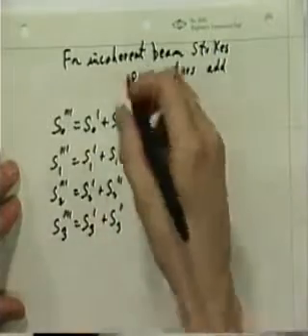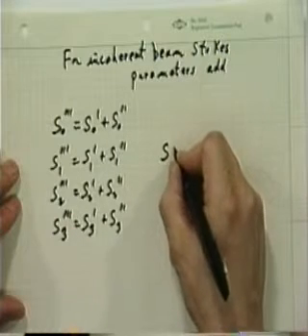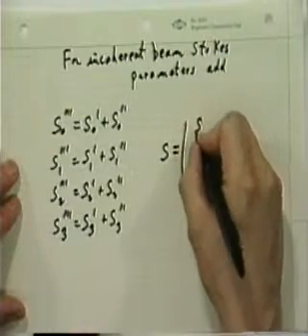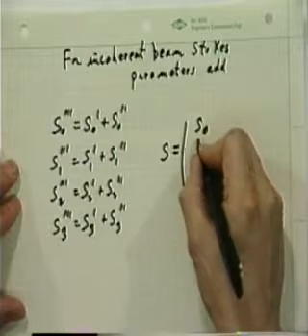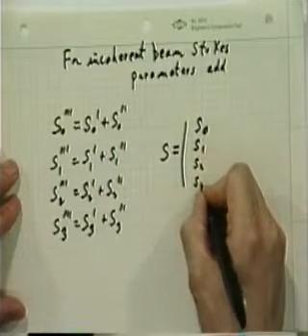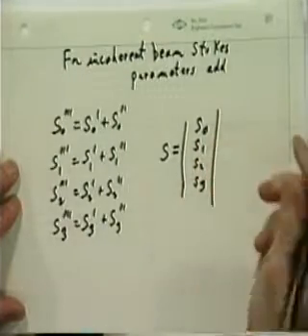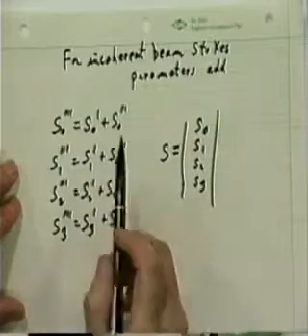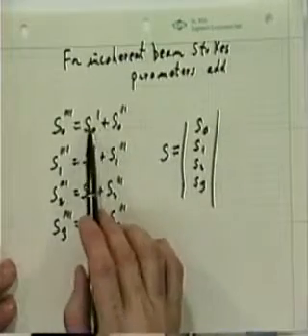And of course, generally we write this in a vector form, that S is S0, S1, S2, S3. The question is what are the primes here?